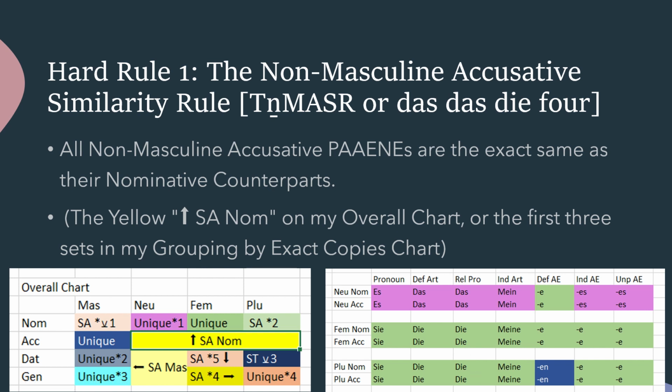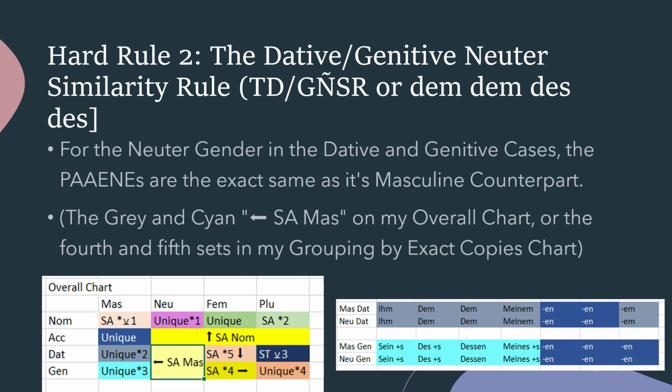So rather than having to say hard rule 1 or the non-masculine accusative similarity rule, which is a bit of a mouthful, I might just say the das D4 rule. So right here, dem des rule. It is simply saying that the neuter dative and neuter genitive are the exact same as the masculine dative and masculine genitive. And as you can see here with this gray stuff right here, it is the exact same.